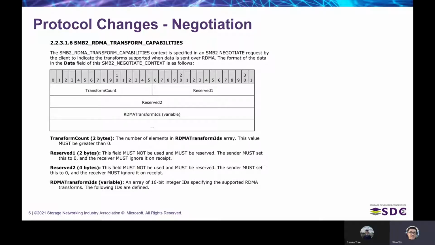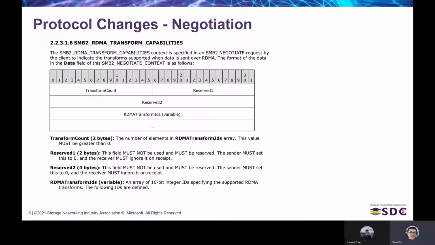It used to be that when you opted in for encryption or signing, it wouldn't be able to use direct data placement, so there was a performance implication. With this change, by utilizing direct data placement, at least from our tests, we are getting quite a bit better results performance-wise.